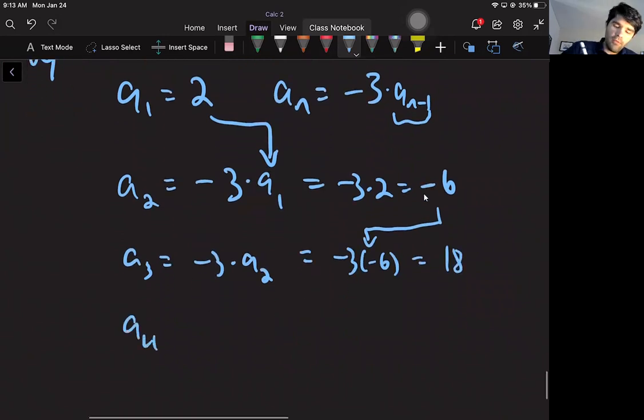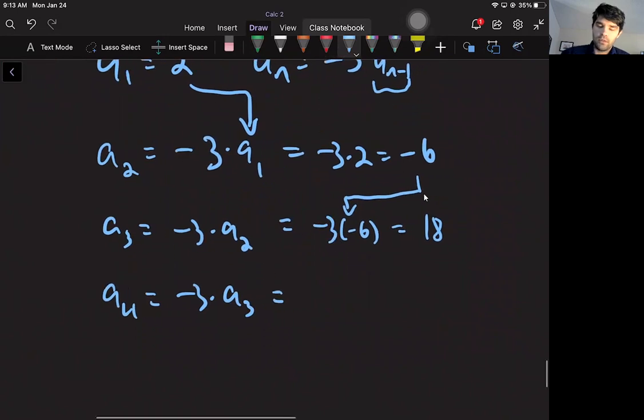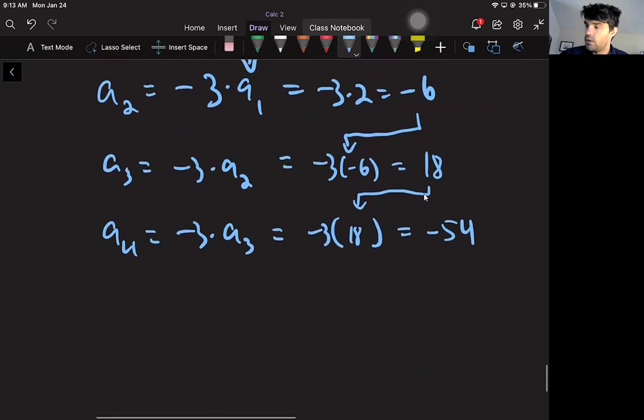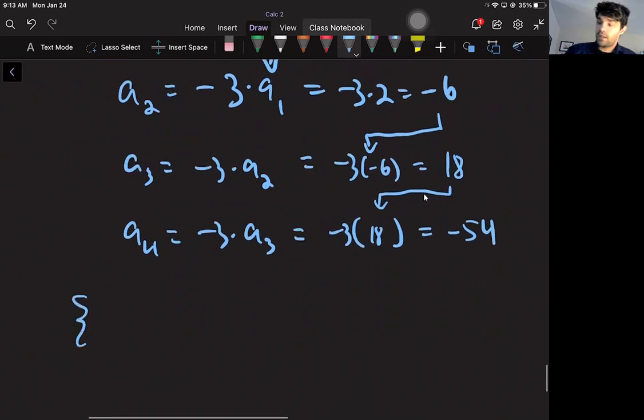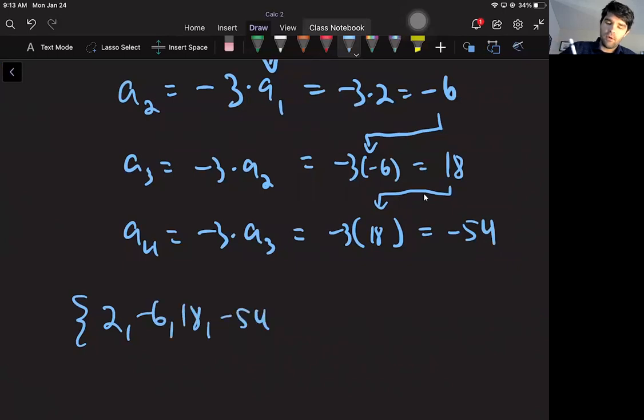Let's do one more. A4 is -3 times A3. And so it's -3 times the previous term. Luckily, I know what the previous term is. It's 18. And that turns out to be -54. Okay, so the sequence looks like 2, -6, 18, -54, and so on like that.